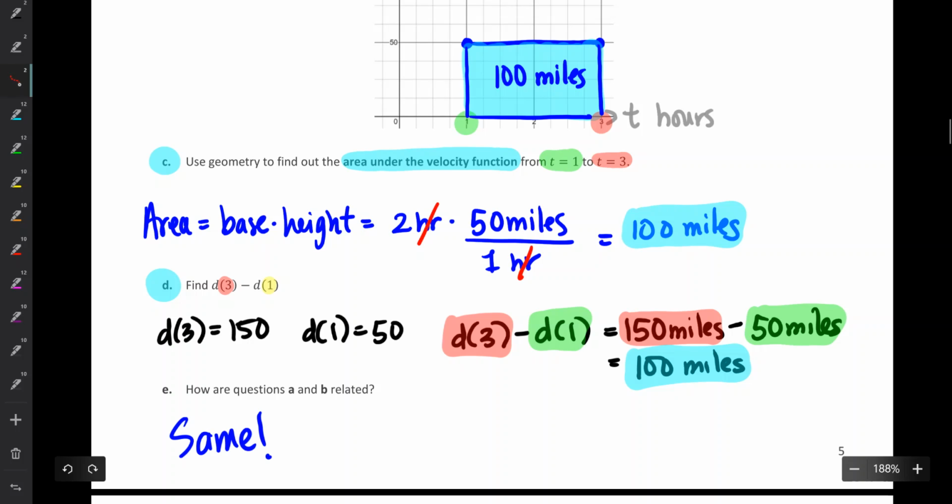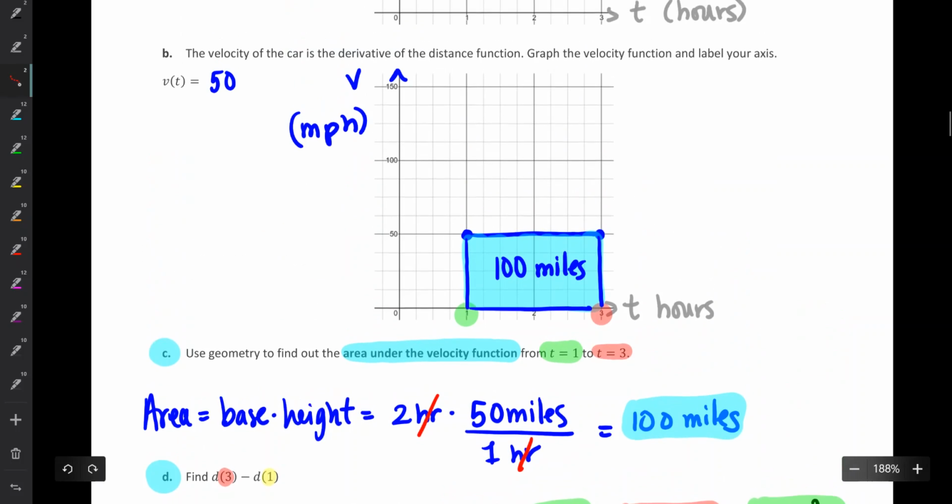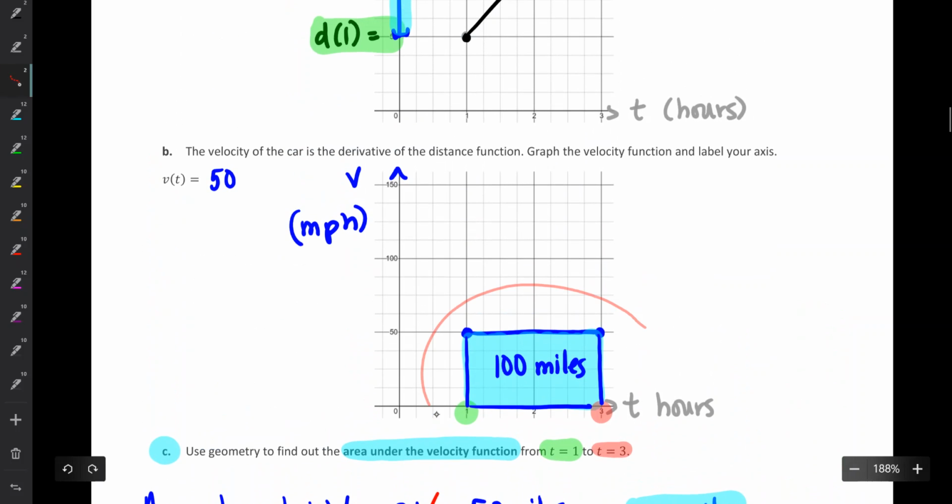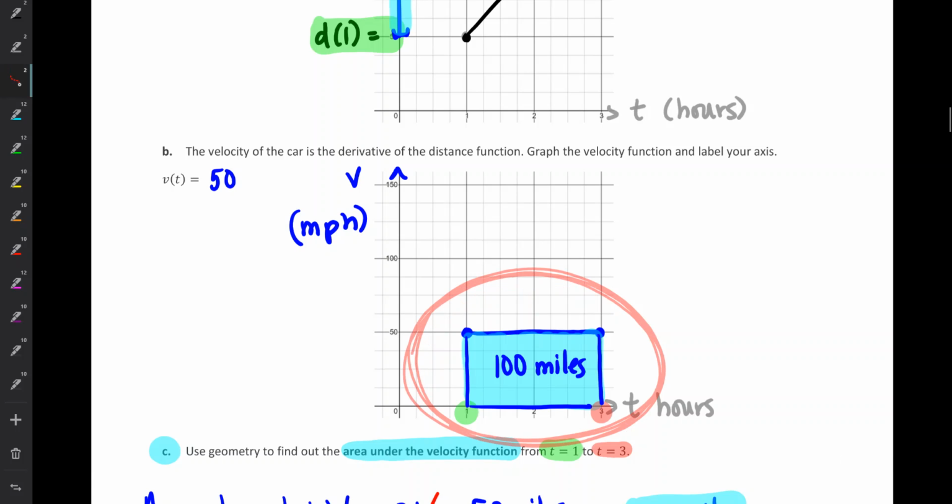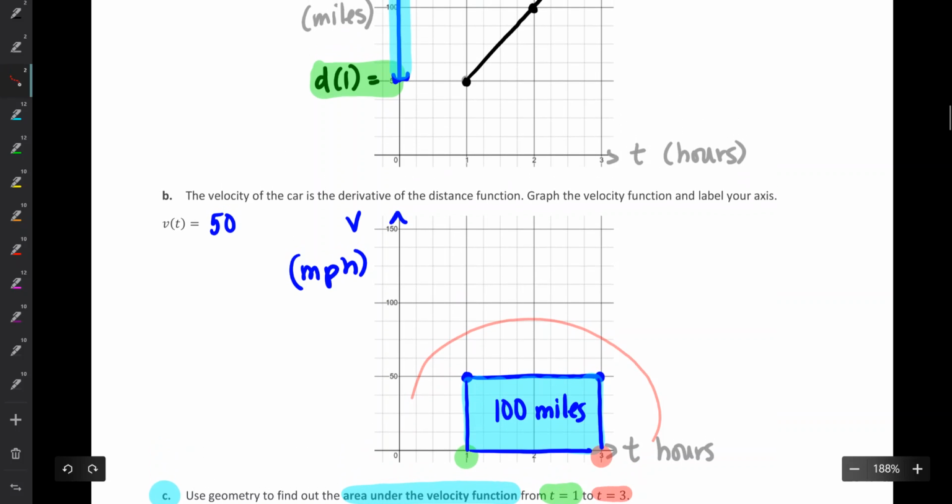So, why does this matter? Well, if I'm asked to find a complicated signed area under a curve, the area between a curve and the x-axis, and geometry won't work here, what can I do? Instead of taking a limit of that Riemann sum and letting the number of rectangles go to infinity, I'm going to ask myself a different question.